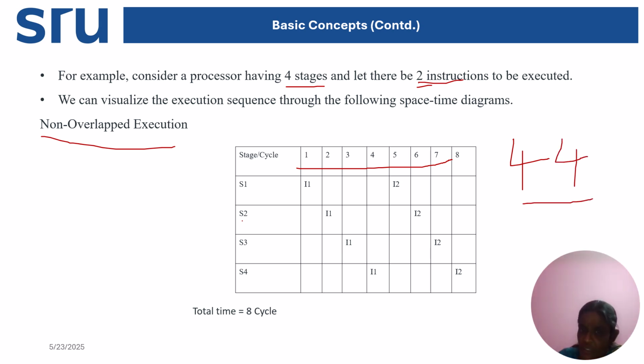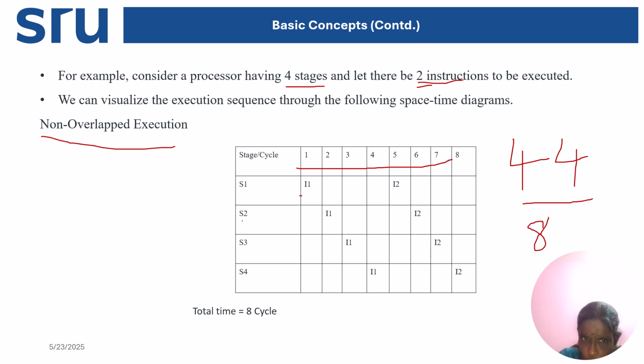Finally, we need a total of 8 clock cycles for performing the 2 instructions, each having 4 stages. These 8 clock cycles are represented 1, 2, 3 up to 8.